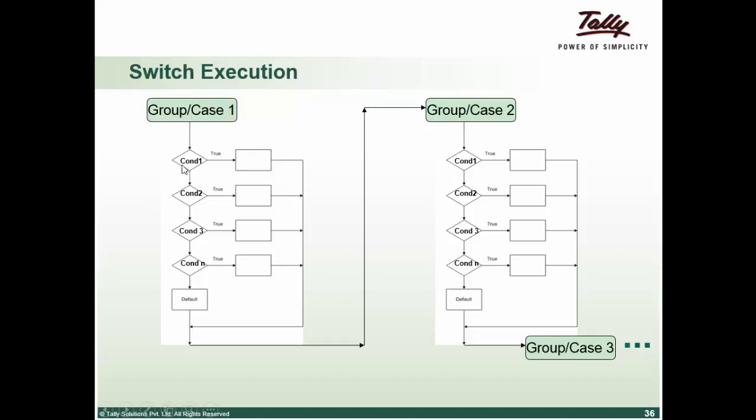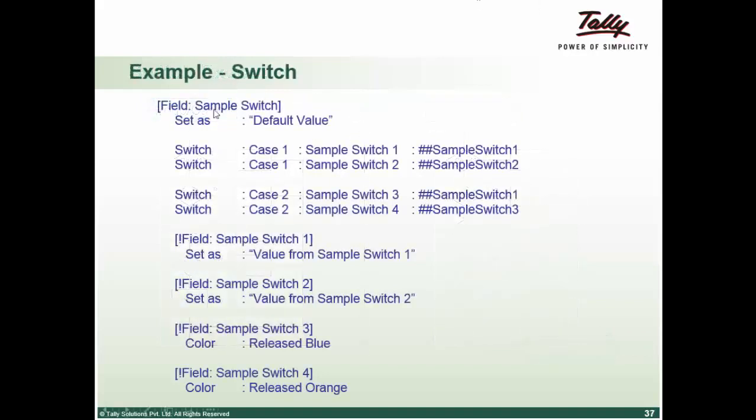If the first is not true, then only it will go for the second condition for evaluation, and this will continue till it gets the true value. If it does not get the true value, it returns the default value. However, the moment it gets the true value, the rest of the conditions aren't evaluated and just looped out. Similarly it will happen for the next group and the next group and the next group. So you can have multiple groups formed in a definition.